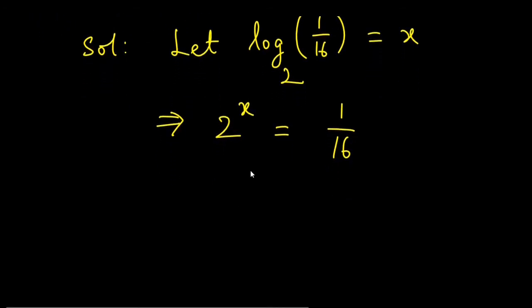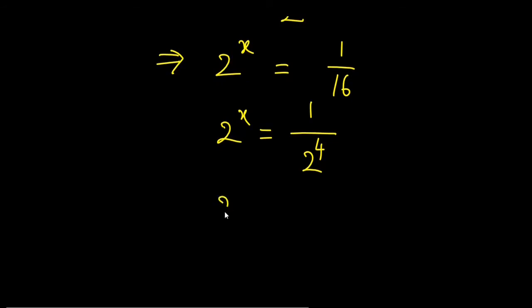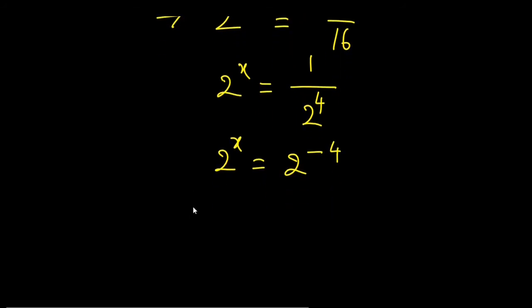Now we have to take the same base on both sides. Here the base is 2, so 1 by 16 should also be written as a power of 2. So 2 power x is equal to 1 by 2 power 4. This becomes 2 power x is equal to 2 power minus 4. As the bases are equal, the exponents are also equal. x is equal to minus 4.